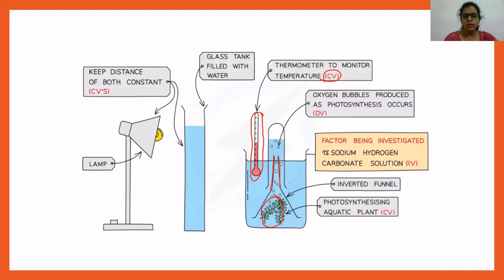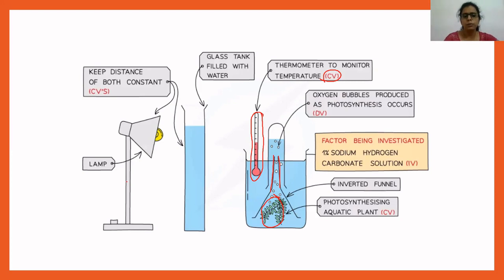So instead of taking water in the beaker, we have to take sodium hydrogen carbonate solution, because sodium hydrogen carbonate or potassium hydrogen carbonate, when they dissolve in water, produce carbon dioxide gas. So remember, instead of using water, you have to use sodium hydrogen carbonate or potassium hydrogen carbonate solution of different concentrations. And then you also need a light supply.